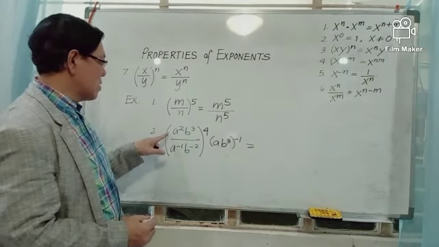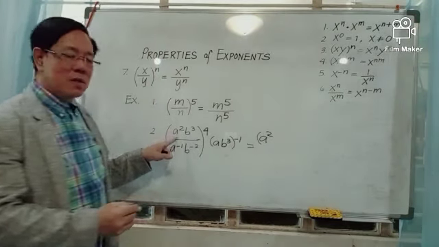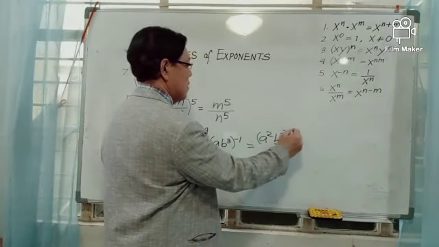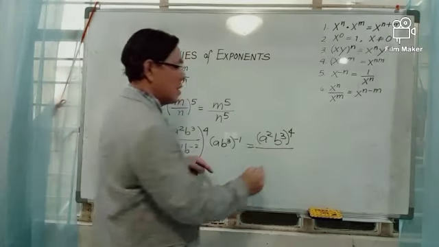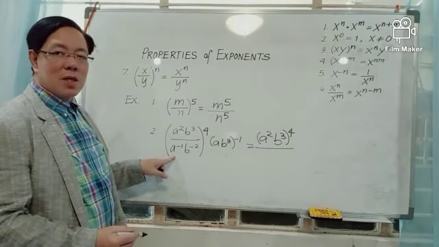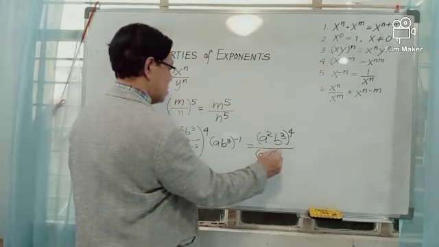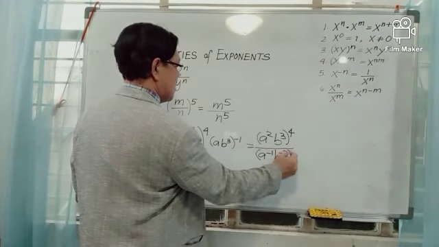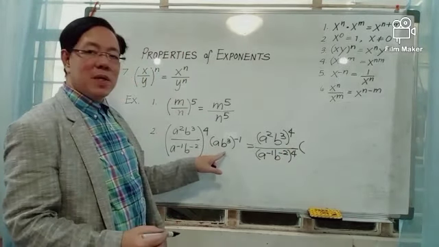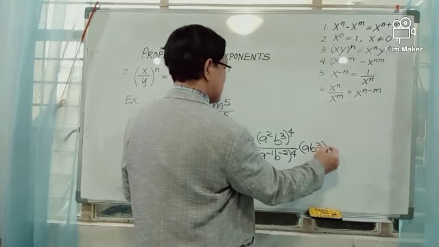So the first factor is equal to the numerator a squared b cubed raised to 4, divided by the denominator a to the negative 1 times b to the negative 2 raised to 4. And multiply by a b cubed raised to negative 1.